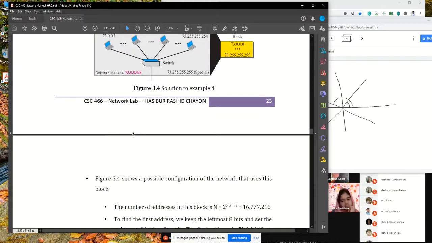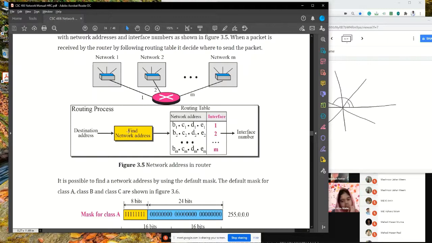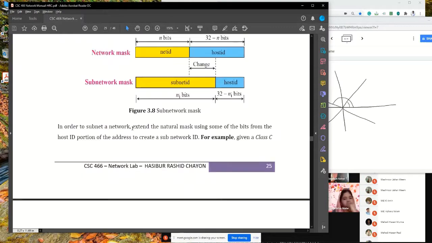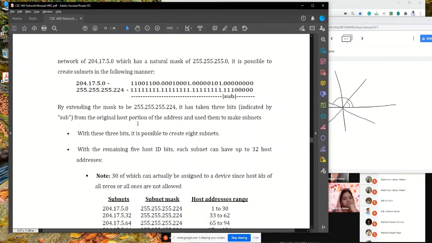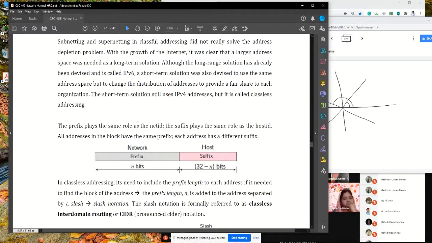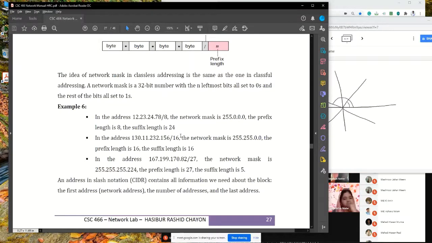But if you have this kind of address, let me show you. For example, look at this one.